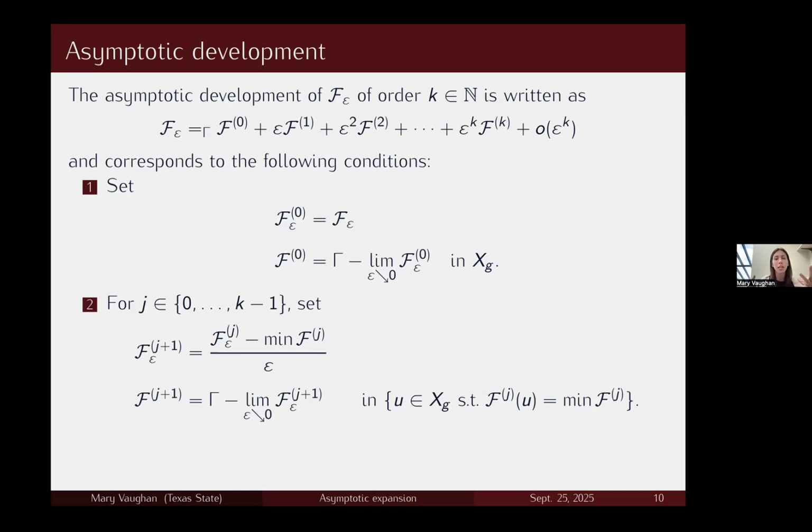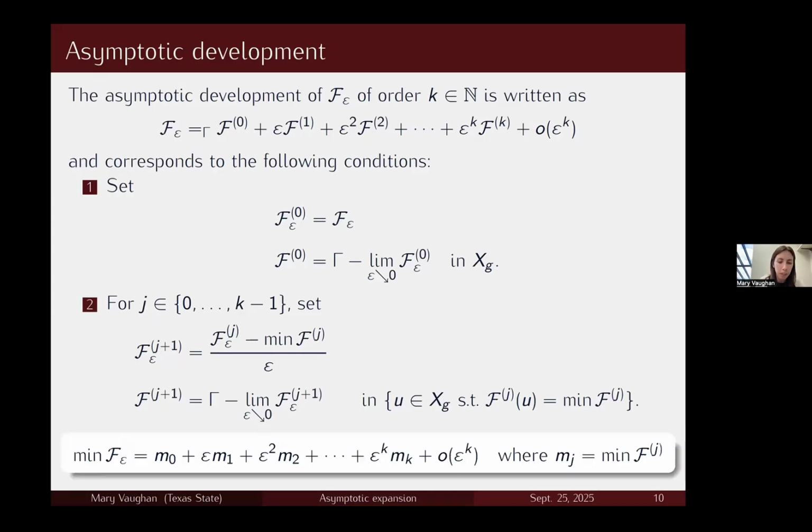So this is the setting that we want to understand for our non-local problem. Oh, I forgot to say, a nice thing you do get from this construction is the set inclusion of minimizers that I had on the objective slide, and you also get an asymptotic expansion of the minimum values.